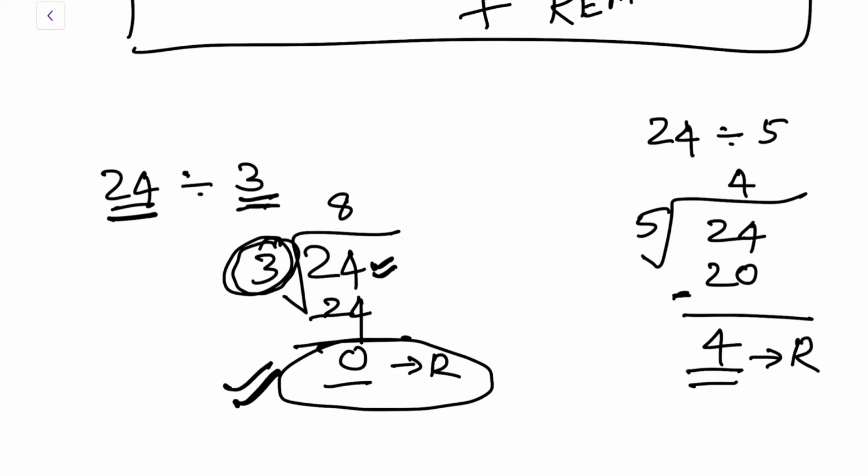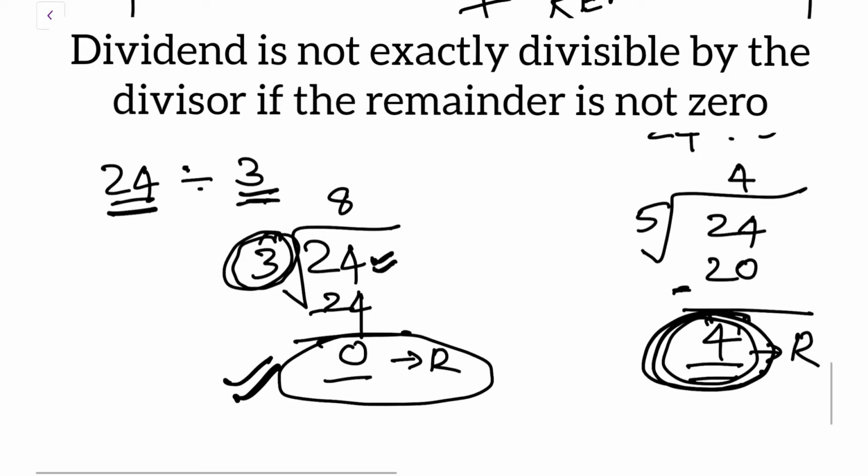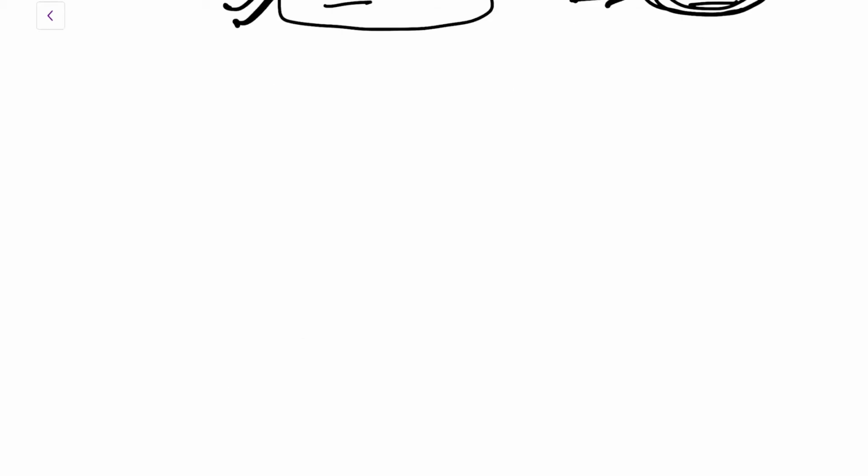Now, when the remainder is not 0, as in this case, we say that the dividend is not exactly divisible by the divisor. So in this case, 24 is not exactly divisible by 5 because we have a remainder other than 0. So this is the significance of remainder. This is what a remainder indicates.